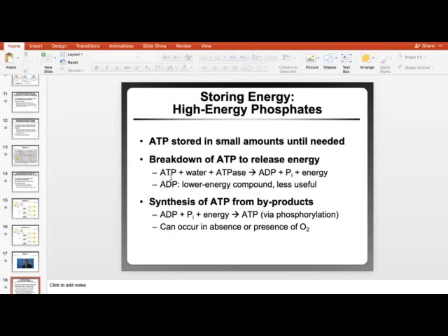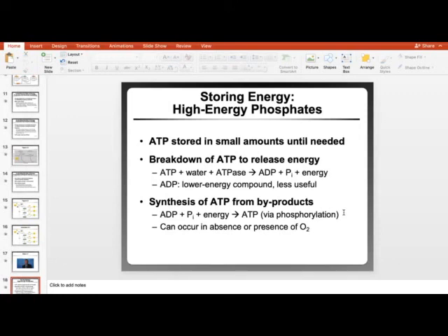Then ATP can get recreated: I have adenosine diphosphate plus phosphate, and I can combine some energy there, and that gets anabolized into ATP through a process called phosphorylation.